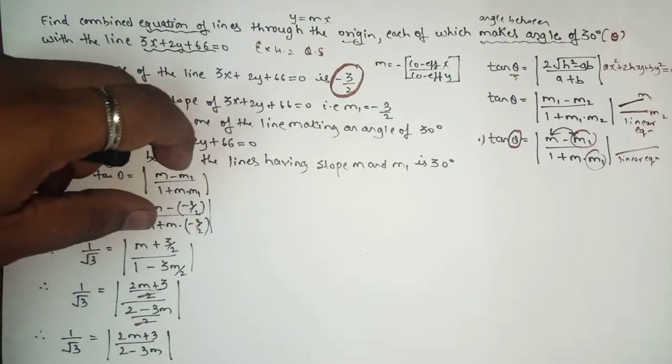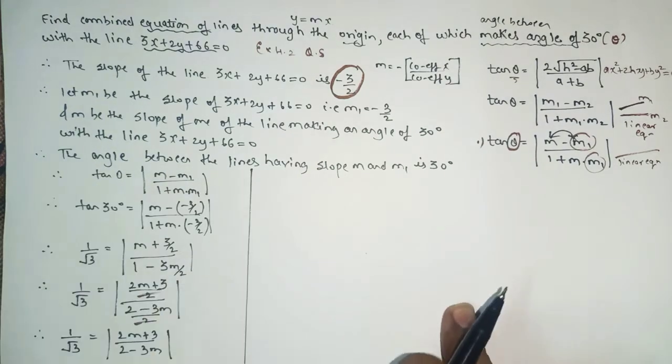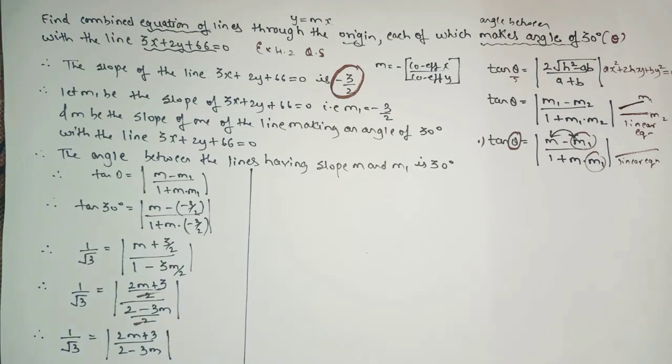As I told, this sum we can solve by using the diagram also, but in the exam a diagram is not compulsory and there is no marks for the diagram. So without a diagram also we can present the sum.